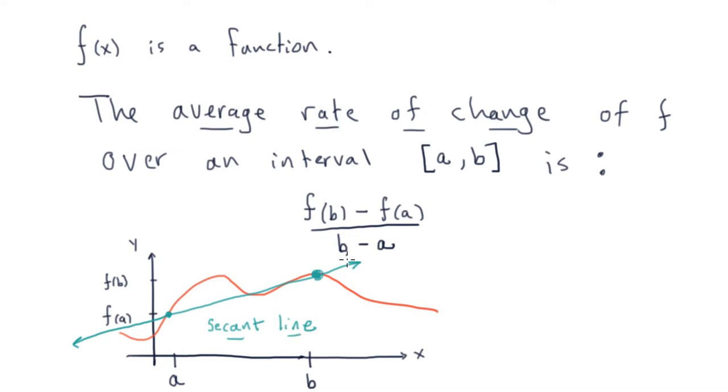So another way I can think about the average rate of change is the slope, not of the function, because that may not really make sense, because the slope of the function is actually changing at any given point, but it's the slope of the secant line.